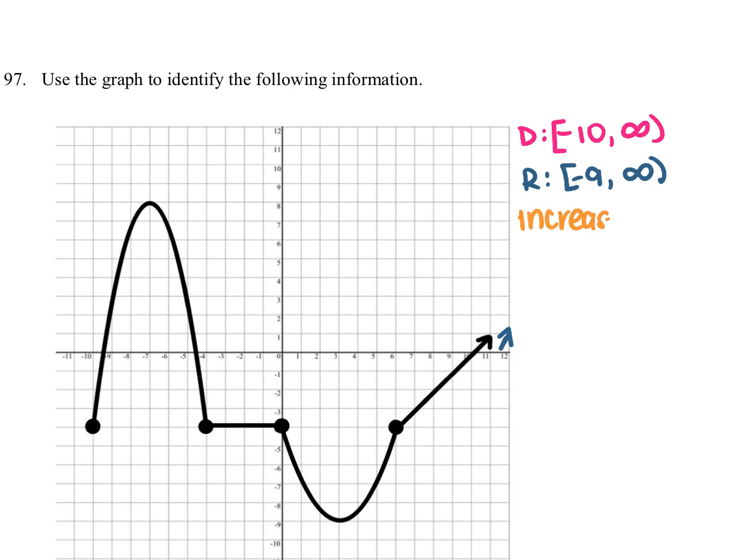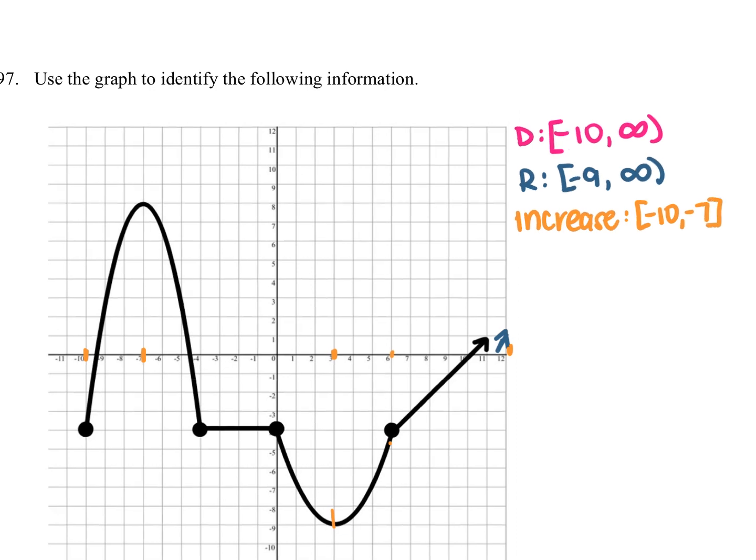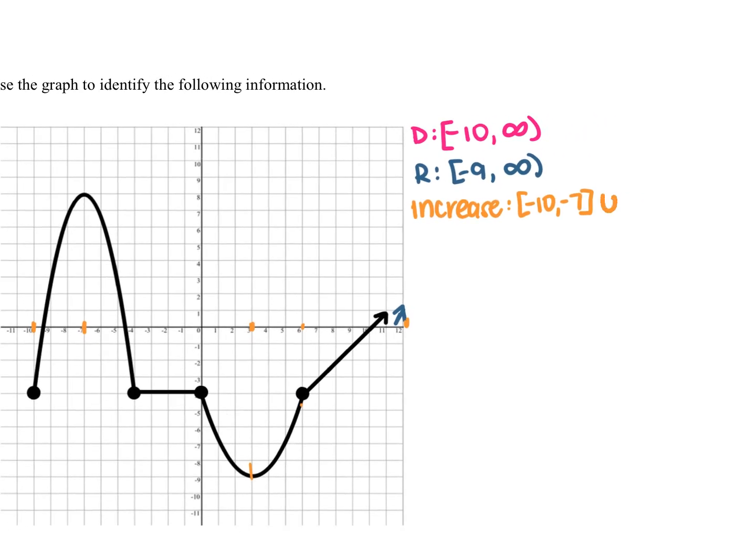Increase, you're going up from -10 to -7, as well as 3 to infinity. So that's from -10 to -7, with a union from 3 to infinity.